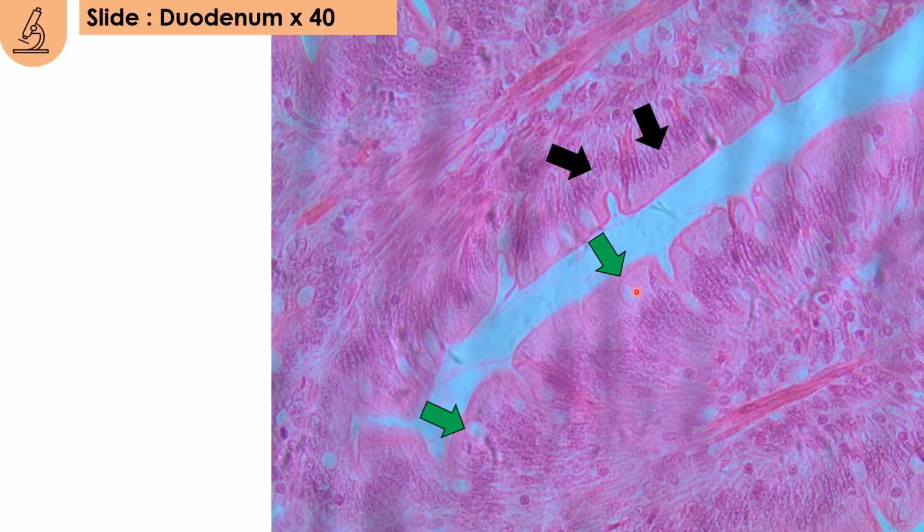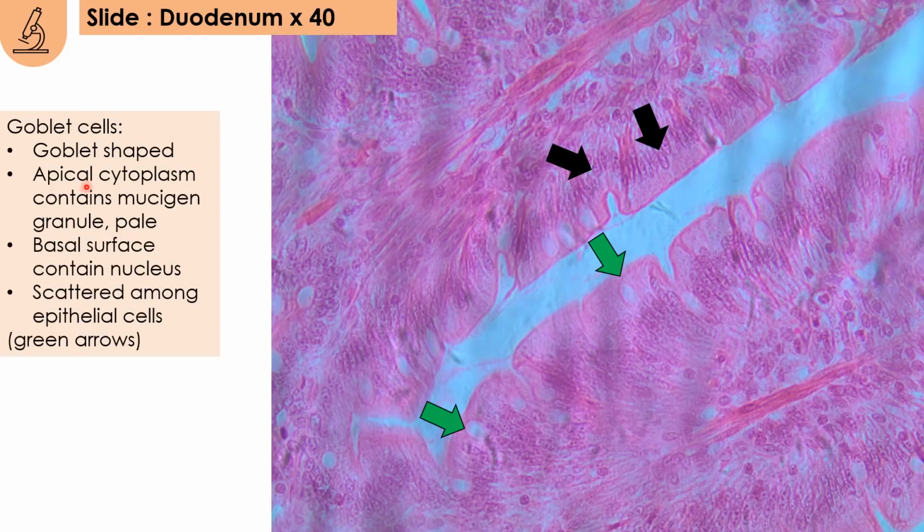What is this? If you can see, it's located in between the epithelial cells, the enterocytes. On its apical part, there are pale colored granules, and beneath it you can see its nucleus.